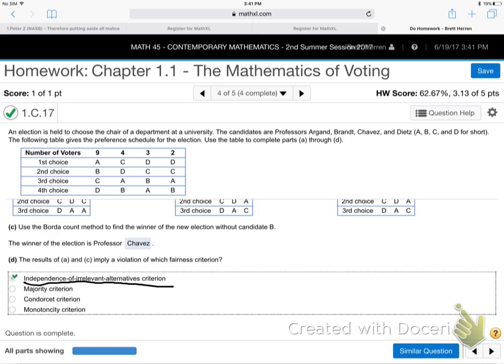Just because the nobody B dropped out, why does that suddenly shift the will of the people to a different candidate? Doesn't seem like this method is doing a very good job on getting the will of the people. So why we're doing math on this is because we want something fair. We don't want this unfairness, weird stuff to be in our systems. Does that make sense?